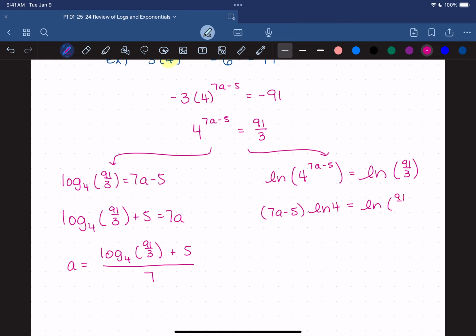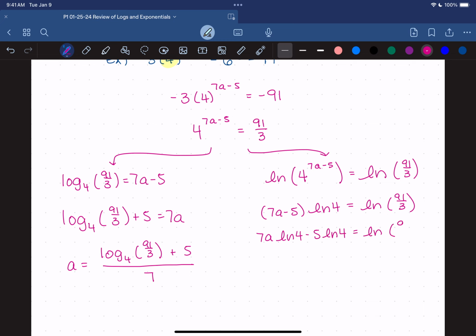And I have this. And then even here, I've got choices. It's easy to isolate the a now, but do I distribute first, or do I just go ahead and divide by natural log of 4 to start getting the a by itself? I'm going to go ahead and distribute first. So I get this.